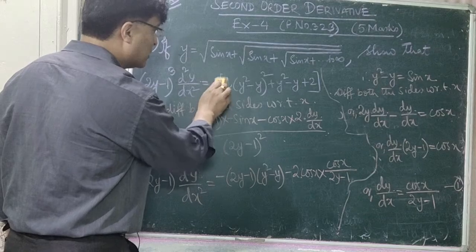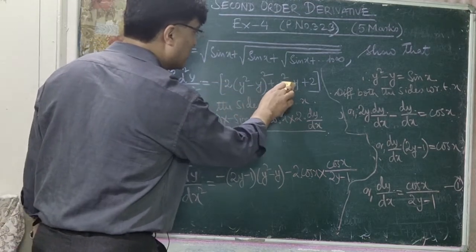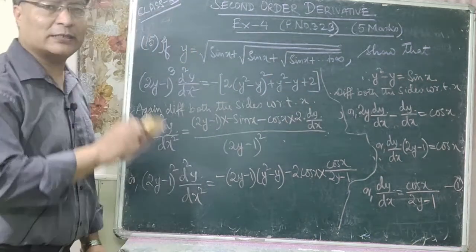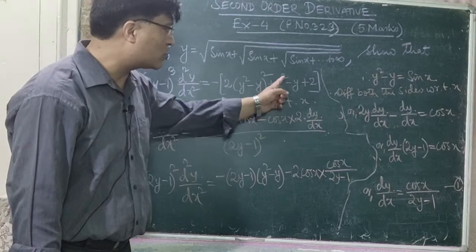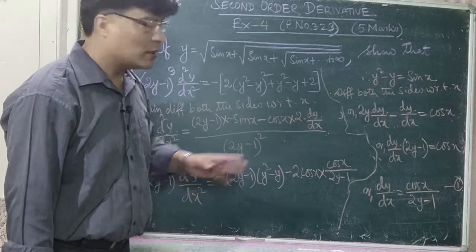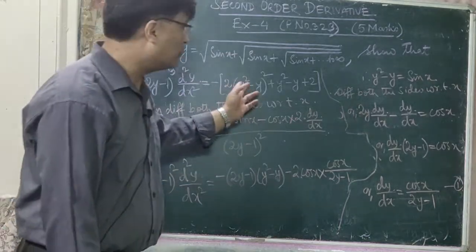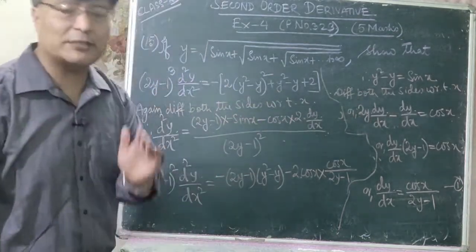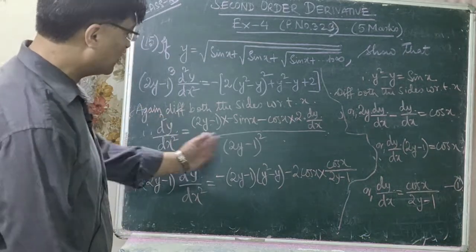That is minus within third bracket, 2 into y square minus y whole square plus y square minus y plus 2. We have to keep looking at this as we go, and only then will this be proved. In the same way we keep simplifying it. Okay. So now take the LCM on the right hand side.